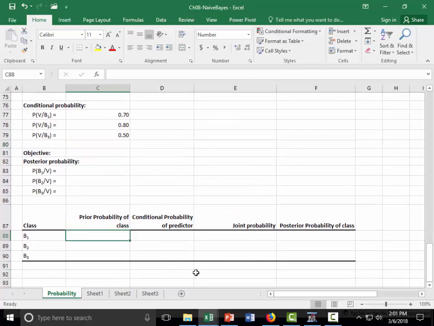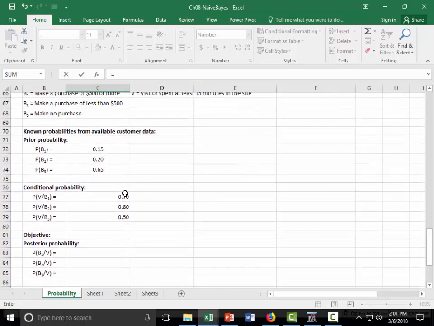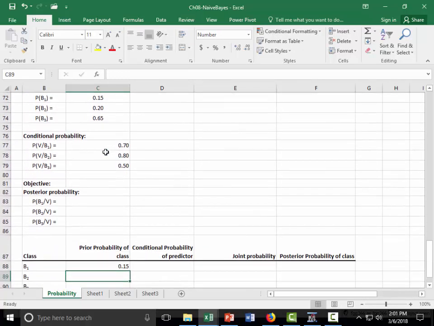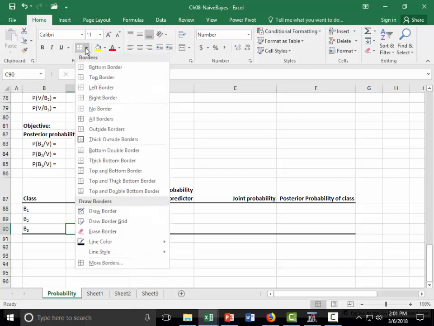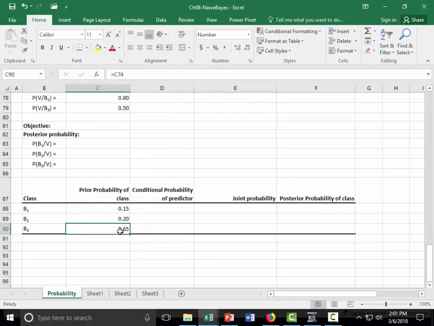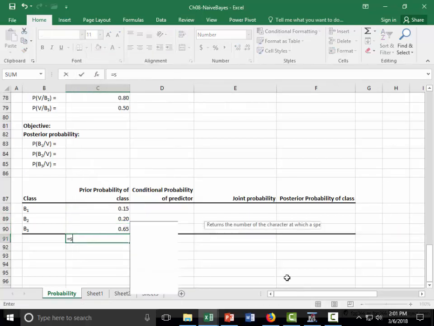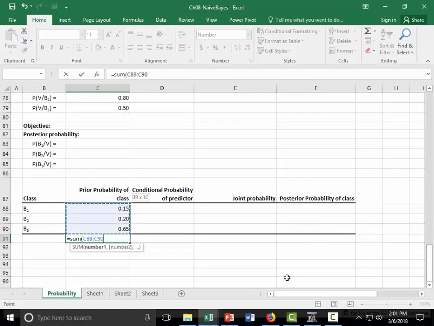The prior probabilities of the classes must sum to 1, so that they are collectively exhaustive. If the sum is not 1, then they are not collectively exhaustive. And of course, they must be mutually exclusive as well.